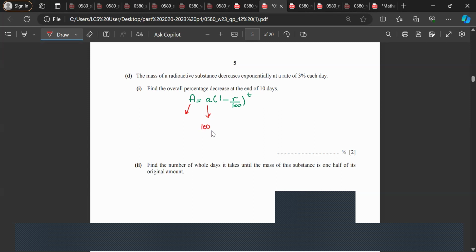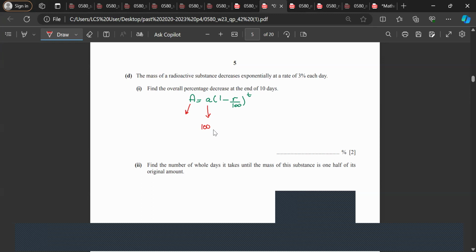After the 10 days, if it is 60%, the decrease was 40. If it is 90%, the decrease was 10. So I want only the decrease. I don't want how many centimeters, kilograms, or kilometers. I want the percentage.